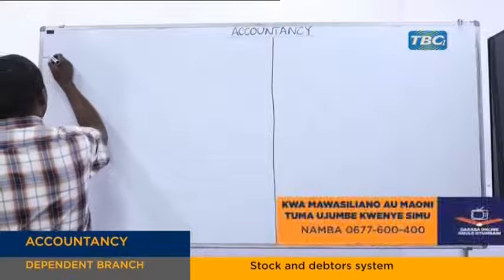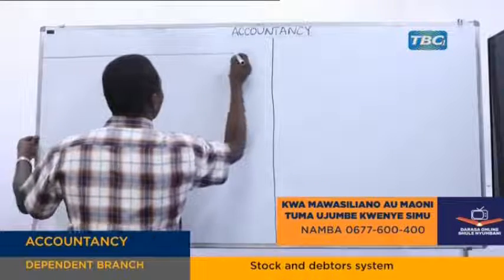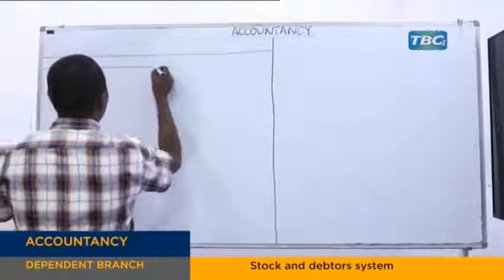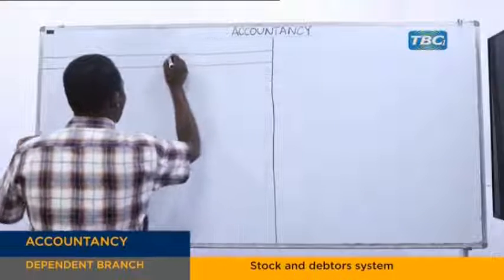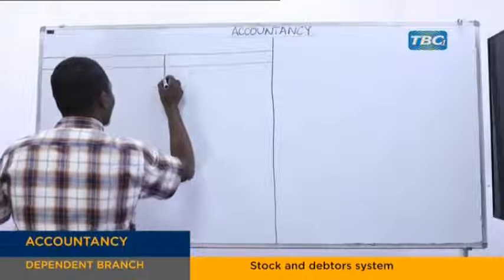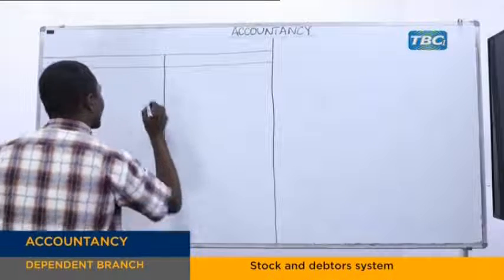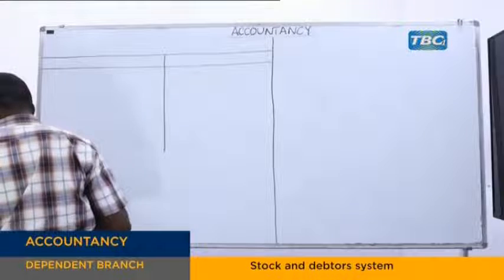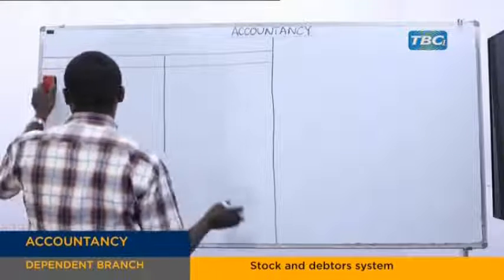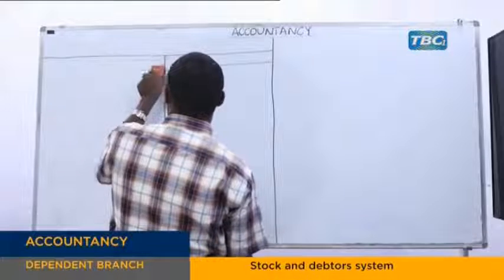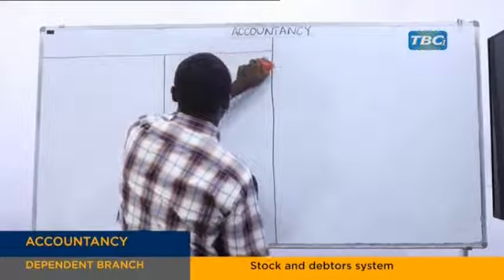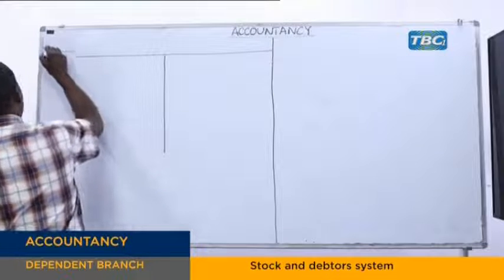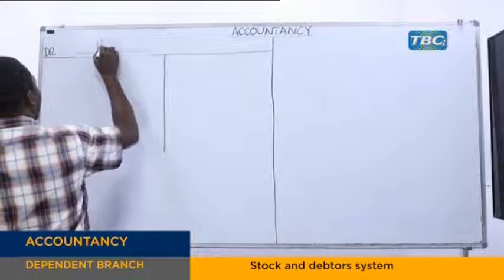Let us start with the branch stock account. Okay, so this will be ruled with 1 column. So we write here debit.